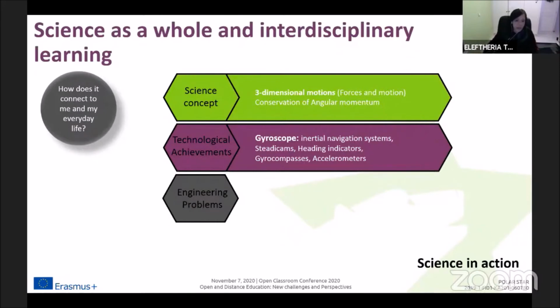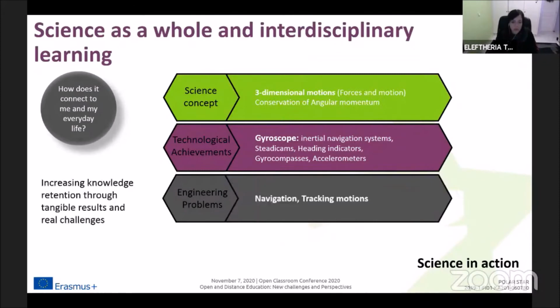And if I take it a step further and I talk to my students about where we use these tools and the added value in our lives, so GPS, tracking motions, navigation, and all that stuff, then they definitely get to appreciate the concept of angular momentum much more than if I just told them, guys, this is the conservation of angular momentum, and here's a bunch of exercises for you to do. So in this case, we increase knowledge retention through tangible results and real life challenges.